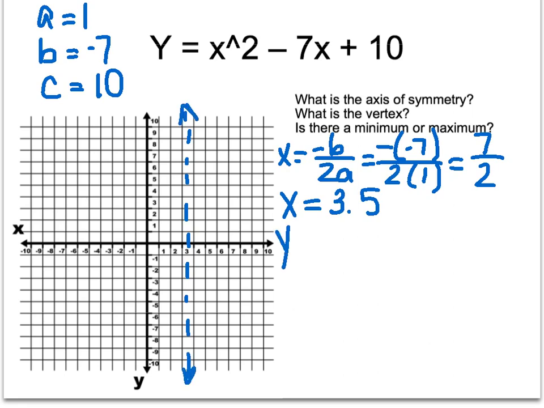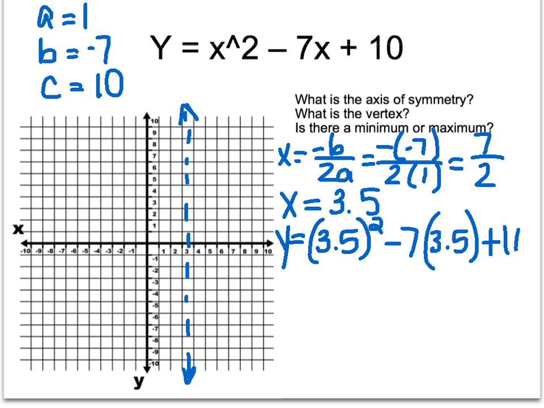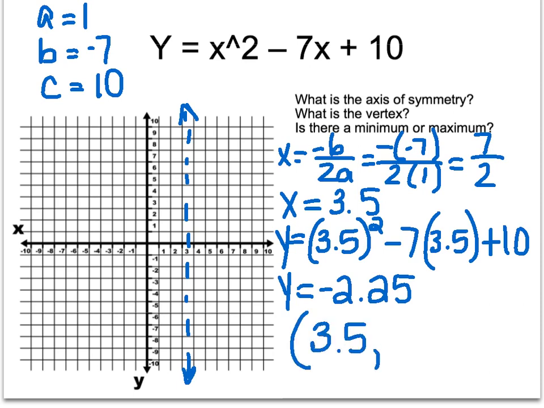And now we're going to plug in 3.5, square it, multiply it by 7, and add 10. This is going to give me a y value of negative 2.25, which means I have a minimum value at the point 3.5, negative 2.25.